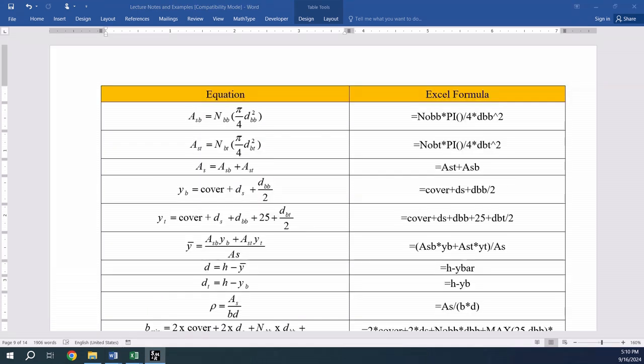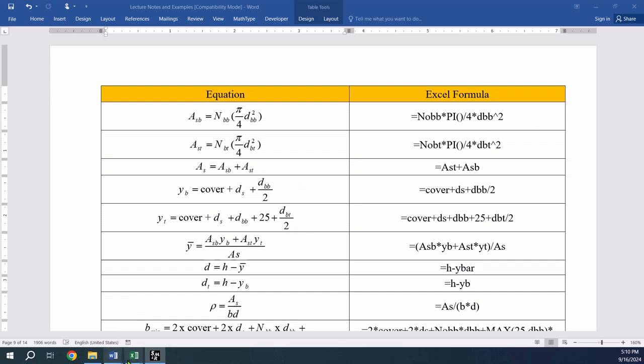In the table shown on the screen, on the left side we have the equations required to calculate the output parameters, and on the right side we have the same equations but written in Excel language.